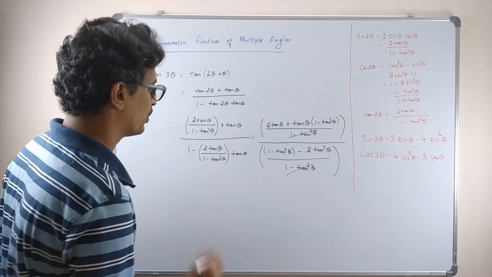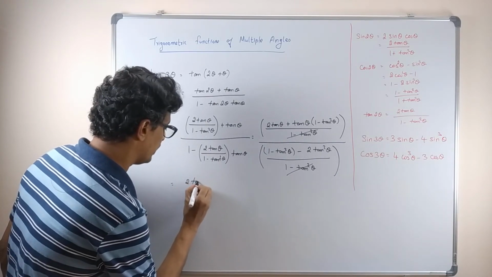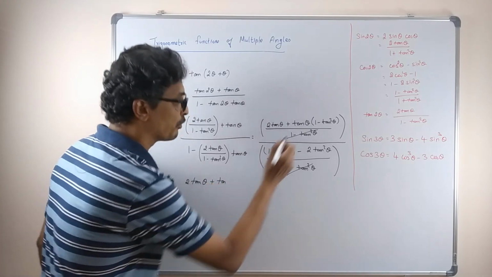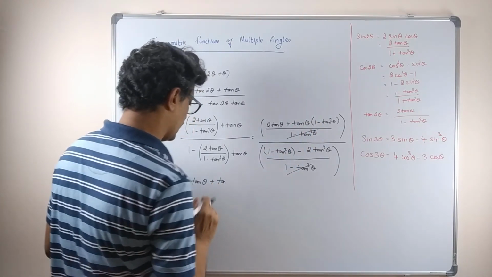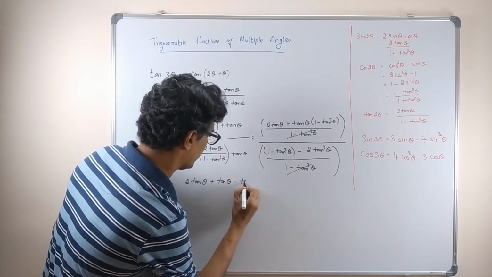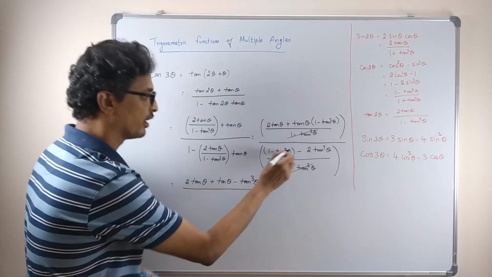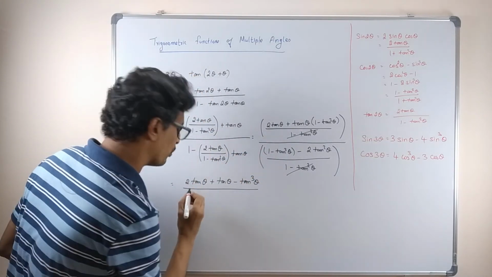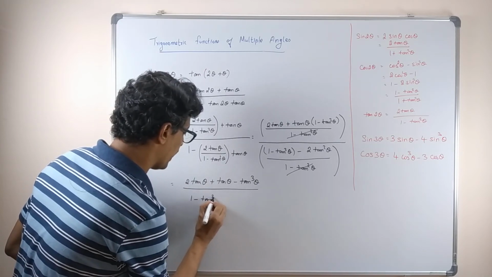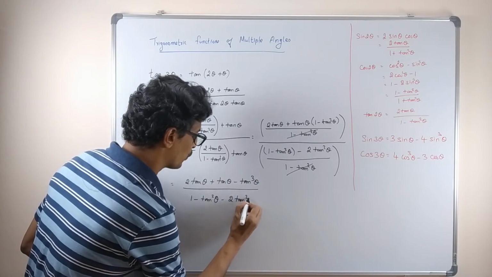Alright? So what are we left with? 2 tan theta plus tan theta. Okay, let me open this bracket: tan theta minus tan cube theta, divided by 1 minus tan square theta minus 2 tan square theta.